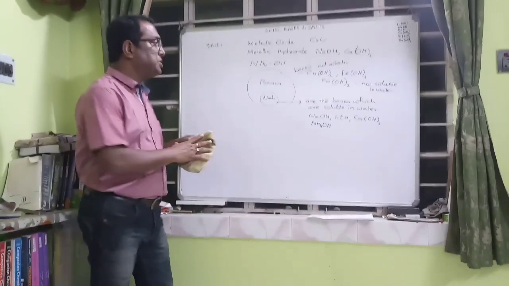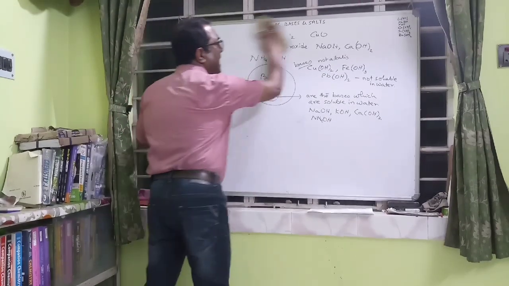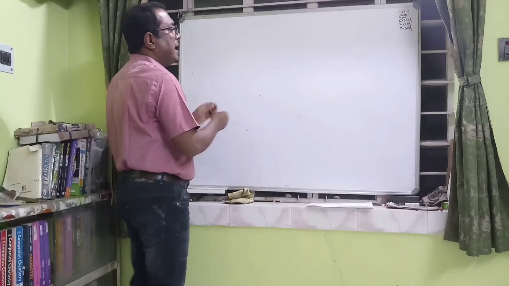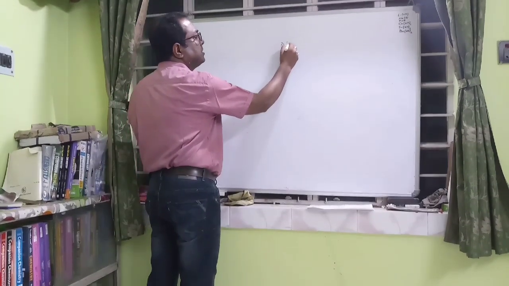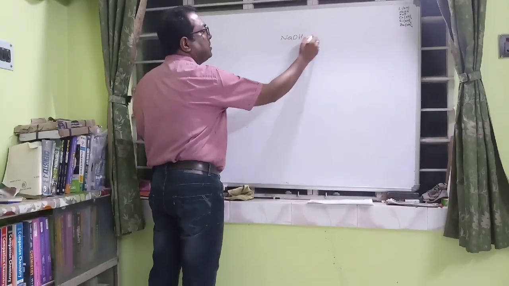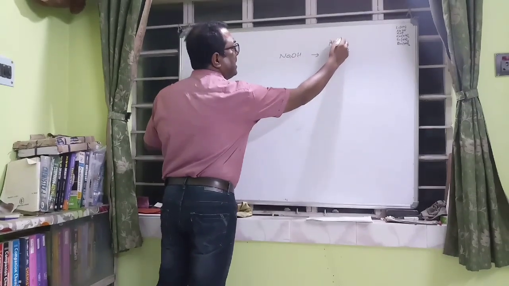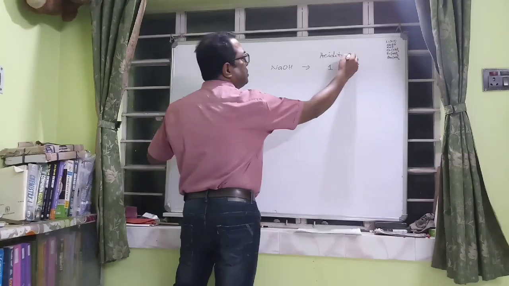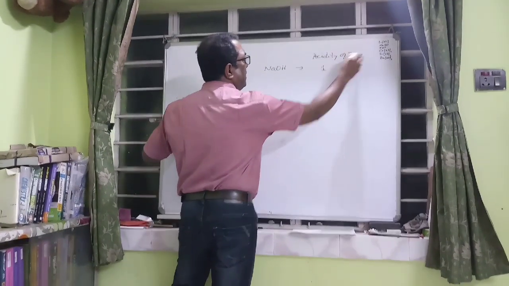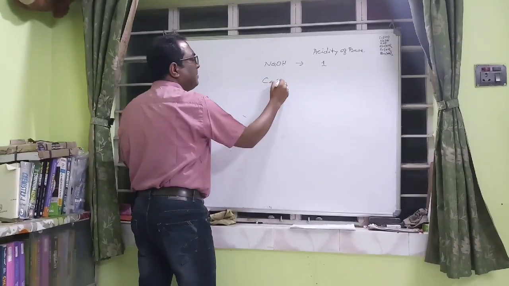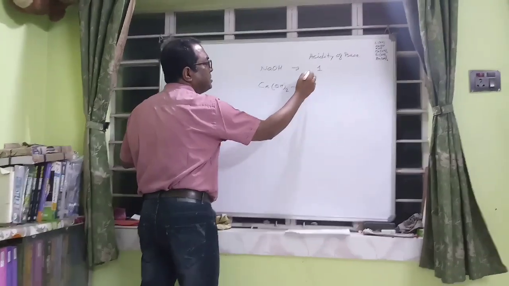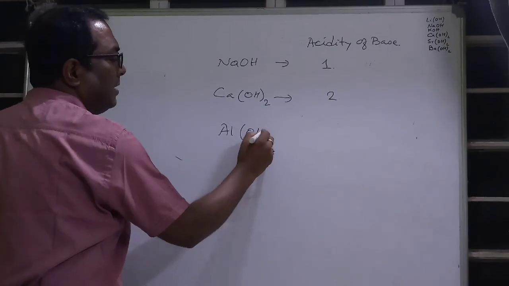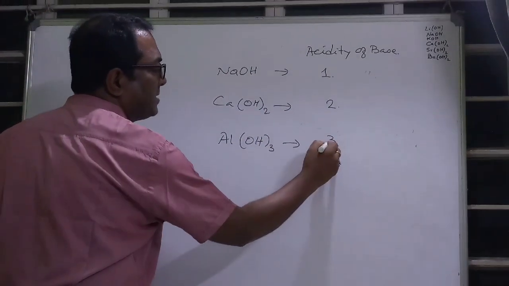In knowing the acidity of the base, we can have NaOH, whose acidity of base is 1. For calcium hydroxide, the acidity of the base is 2, and for aluminum hydroxide, the acidity of the base is 3.